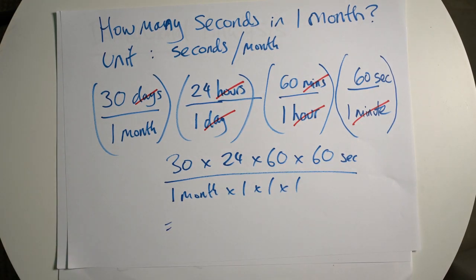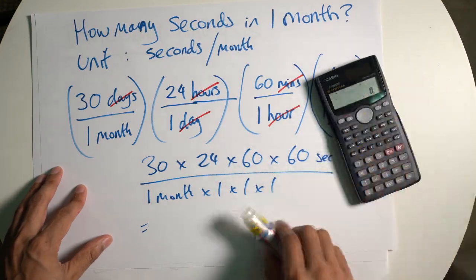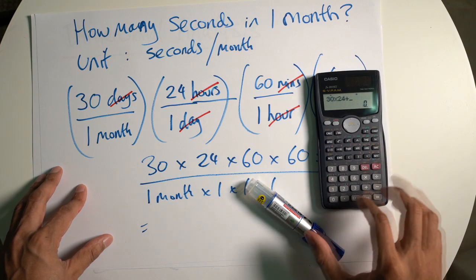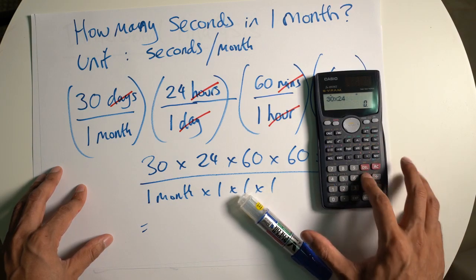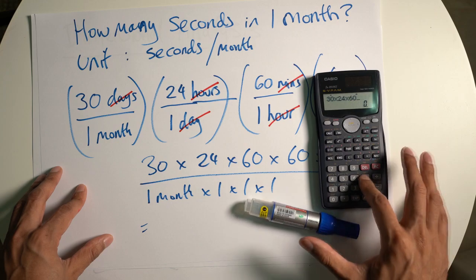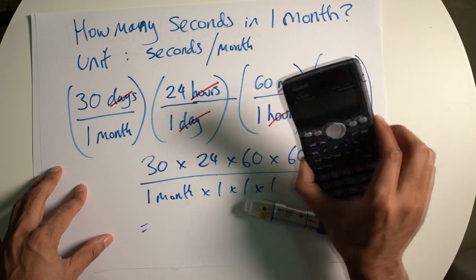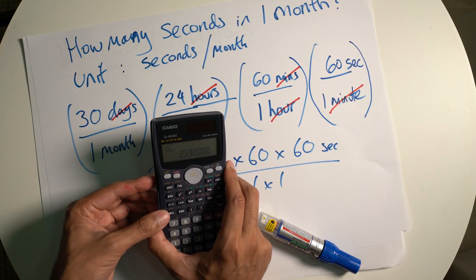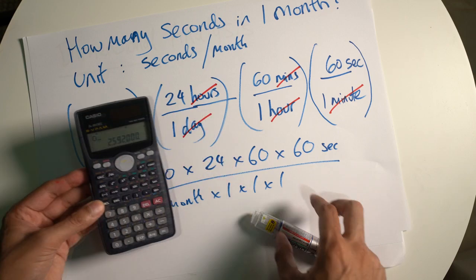Let's work that out. Let's get my trusty calculator out. So it's 30 times 24 times 60 times 60, which is 2,592,000. 2.5 million basically.